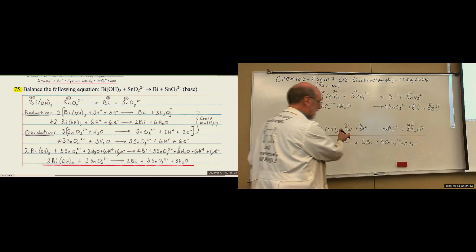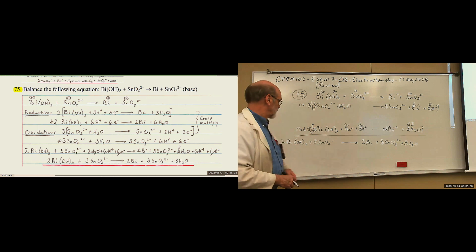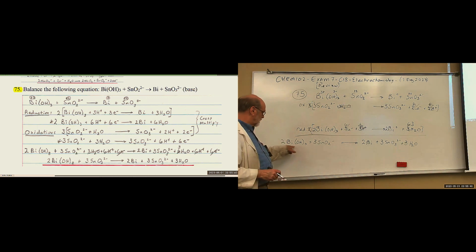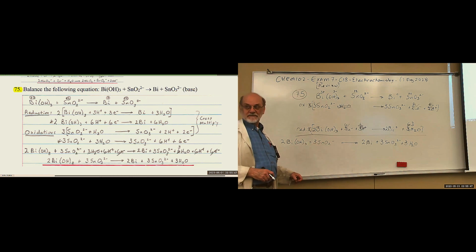All right, we don't have any hydrogens to balance here. So where are the hydroxyls? Right there, same place they always were. This is in basic solution, just as is. Because this is going to be soluble as bismuth 3+ ion and OH minuses in solution. Okay. So that's a basic solution right there.